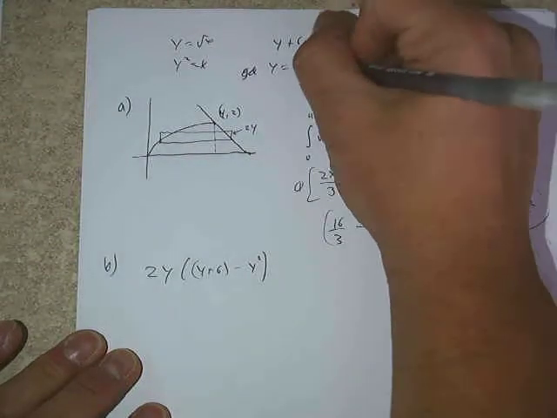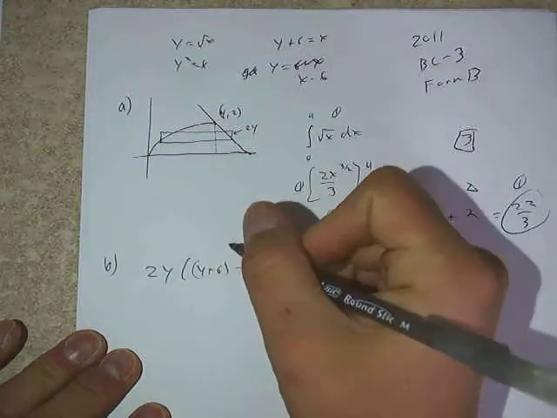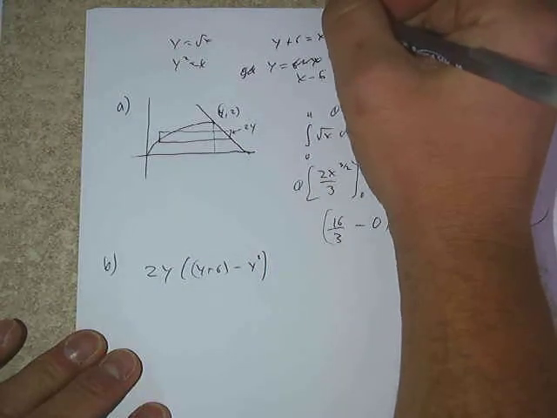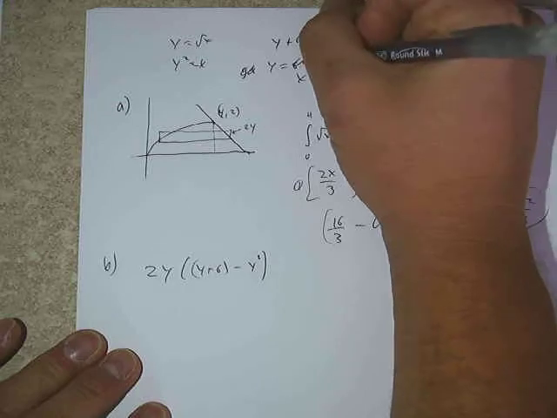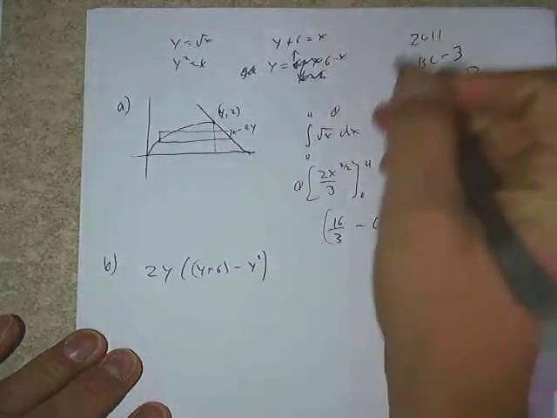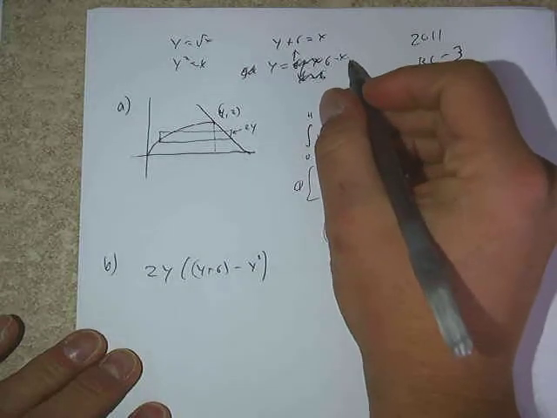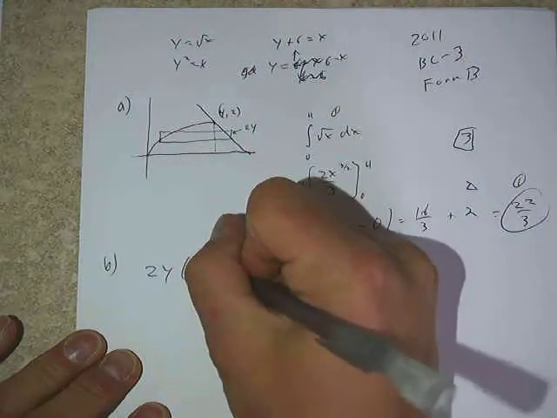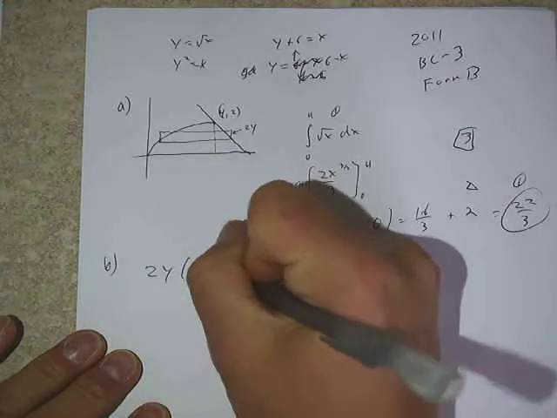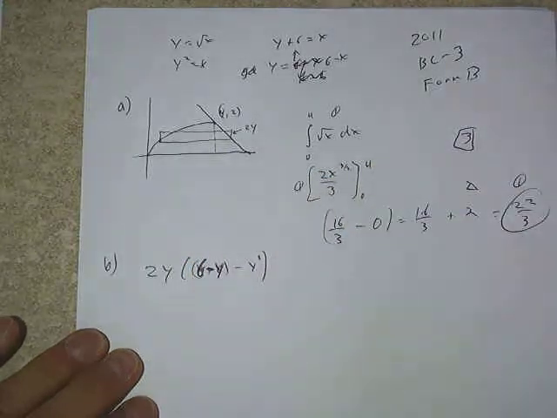Y equals 6 minus x would be y plus 6. Oh, you know what? Did I do that wrong? What did I do here? Oh, you're right. I got this backwards. I'm going to read my own writing here. Oh, I went backwards. So this is 6 minus x, so we get 6 minus y, sorry.